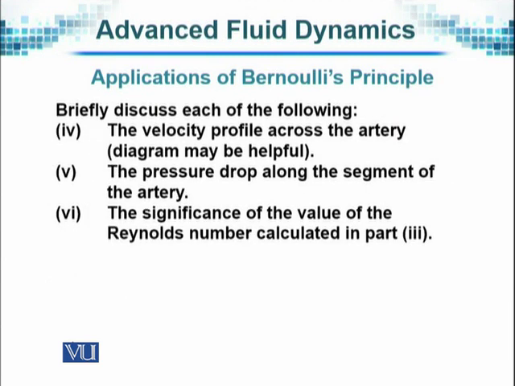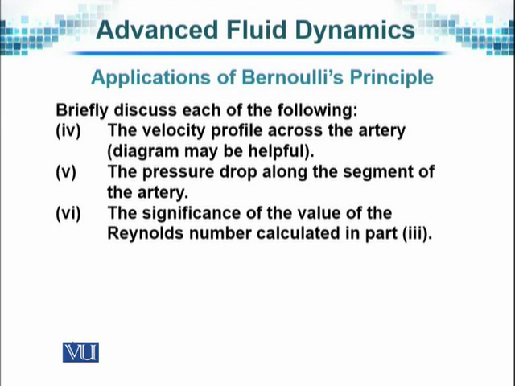The second part of this question wants us to briefly discuss each of the following: the velocity profile across the artery, and if we give a diagram, they say it will be helpful. So we can draw a diagram of the velocity profile that may be taking place in the artery.